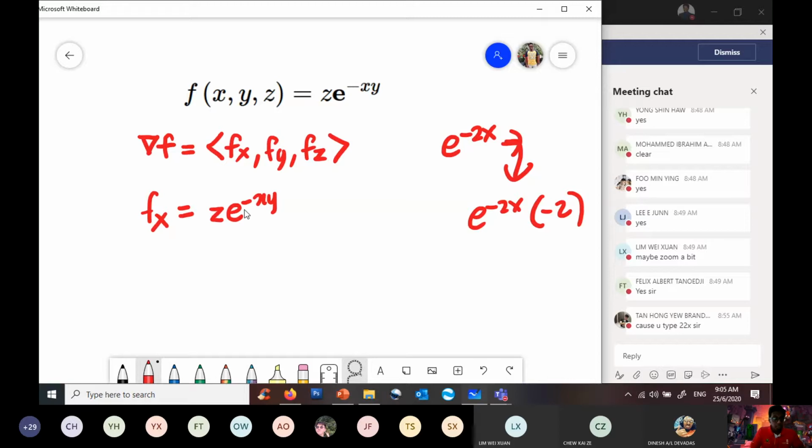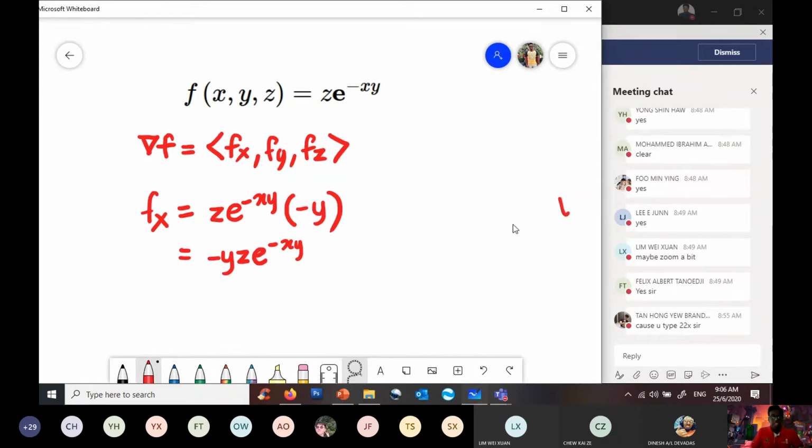So you will get e to the power of negative xy again, times the derivative of the constants around the x, which is negative y. So if I bring the y in front, it's going to be negative yz e to the power of negative xy. So that is my fx. Basic chain rule, and the z is untouched because it's just a constant in front.